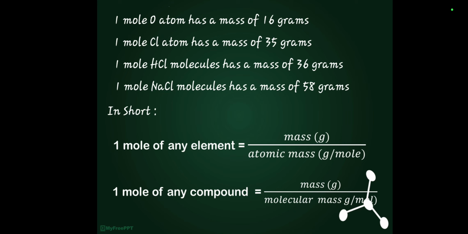And 1 mole of any compound is equivalent to mass in gram over molecular mass, or gram per mole. So that is the unit, and that is the formula for getting the molar mass of each element or compound. Always remember that 1 mole is equivalent to 1 atomic weight of each element.